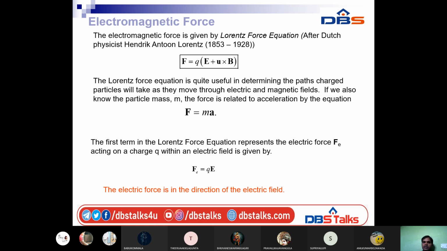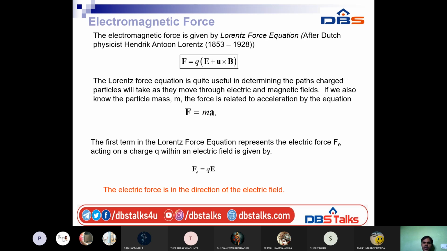So the Lorentz force equation. Hendrik Anton Lorentz was a Dutch scientist. He invented the Lorentz force equation; he lived from 1853 to 1928.